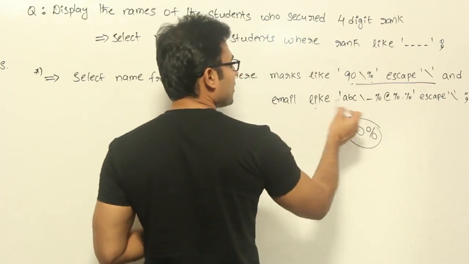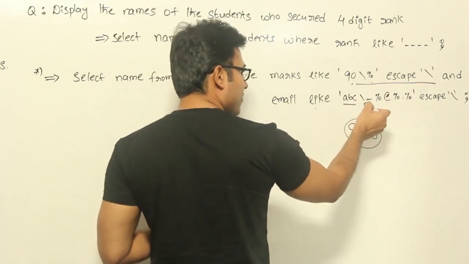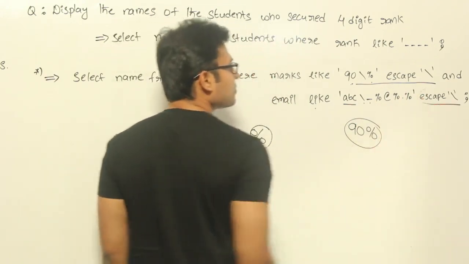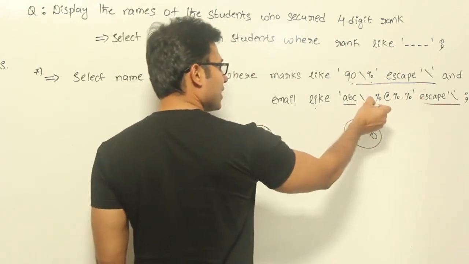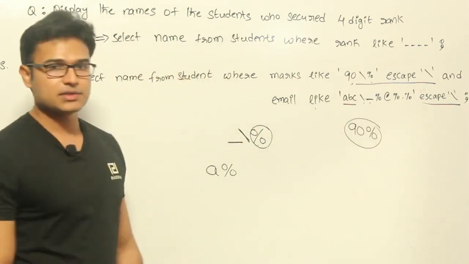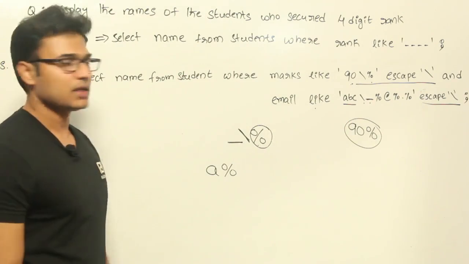And email ID like ABC, again backslash underscore. Again backslash is the escape. Here also we are saying that the underscore is actually part of the data, and it should not be considered a wildcard.